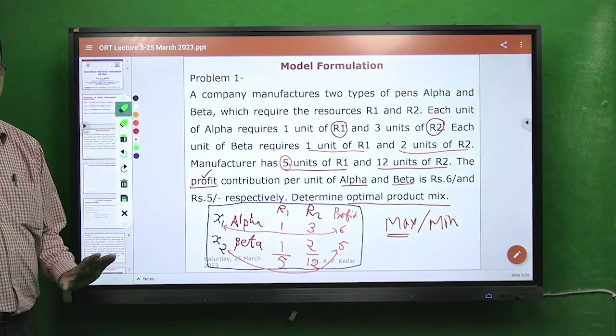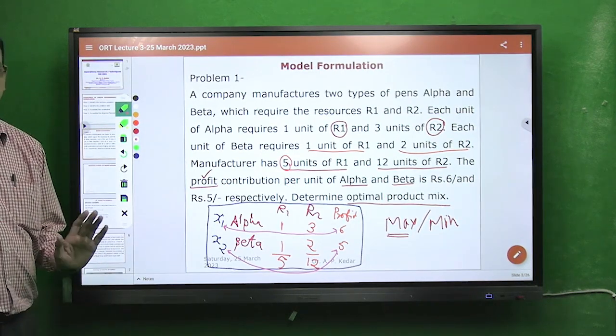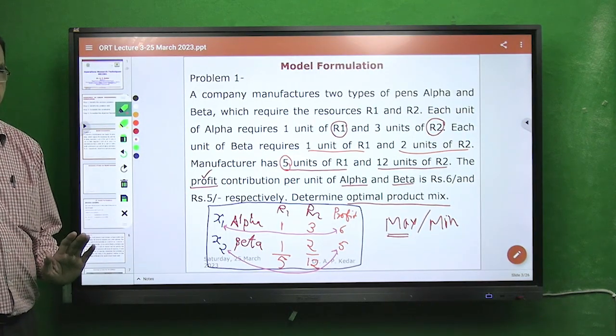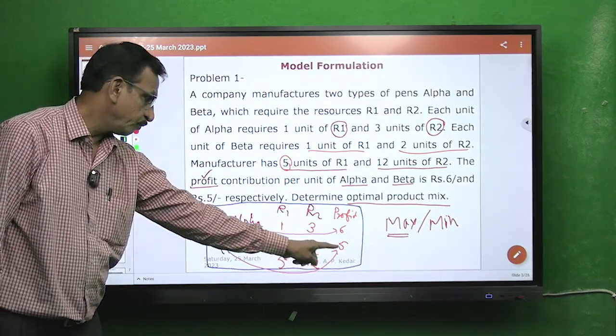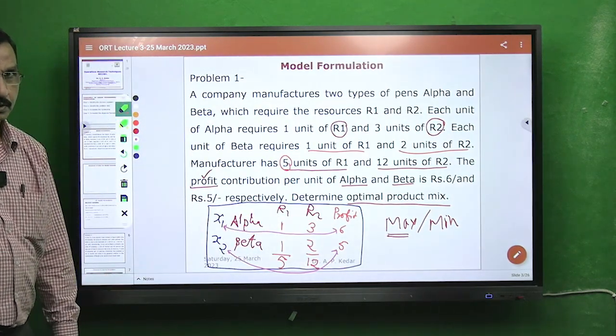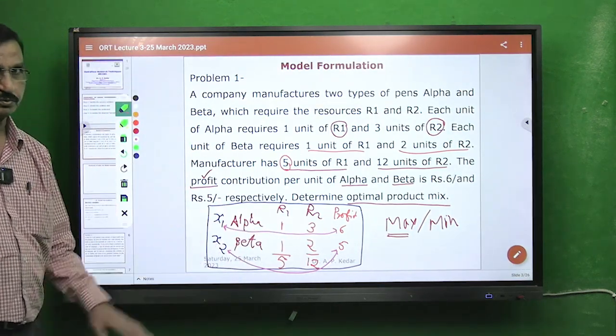This is objective function. So I can write now maximize z equal to 6x1 plus 5x2.